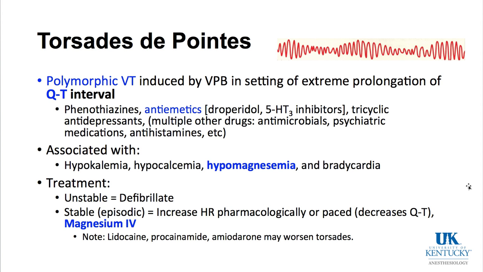Drugs like phenothiazines, drugs like droperidol, 5-HT3 inhibitors, dolasetron, ondansetron, tricyclic antidepressants, and there's many other drugs that can do it. Torsades tends to be associated with hypomagnesemia. The alcoholic patient is an example who is often hypophosphatemic and hypomagnesemic and could be at risk for torsades.